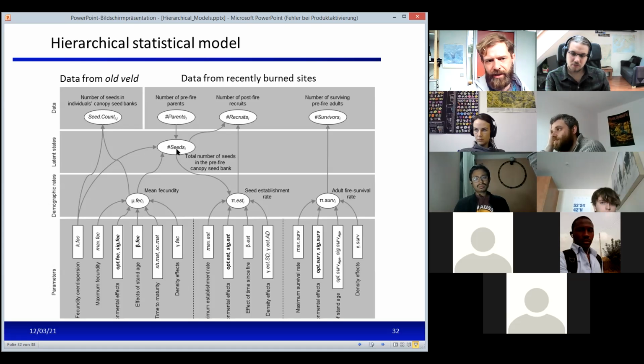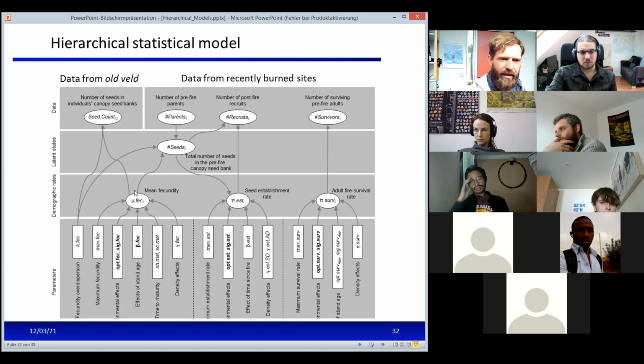And so for each of these recently burned sites, we had this latent unknown variable describing the number of seeds that were produced before the fire, and that was informed by parameters that are also linked to these direct fecundity observations. And there we achieved two things.